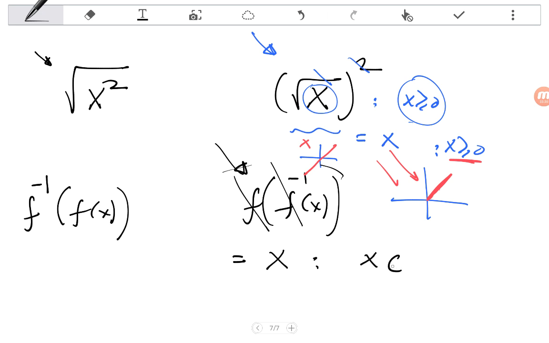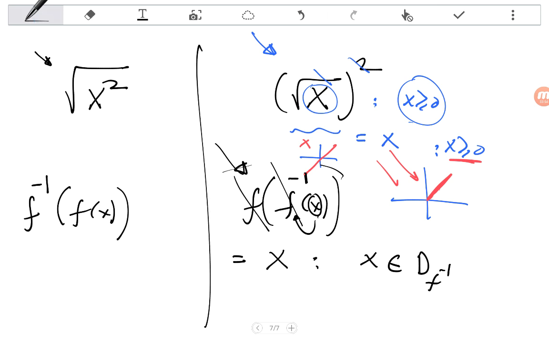That x belongs to the domain of, now this x is inside the f. Okay, so x must be in the domain of f.